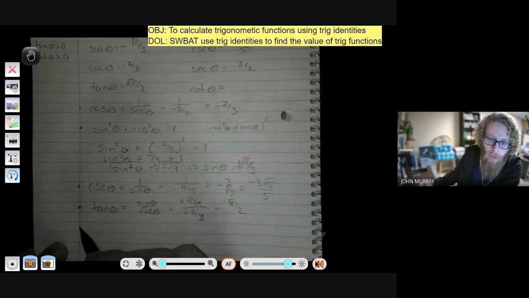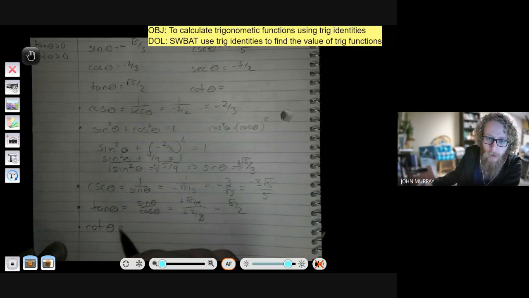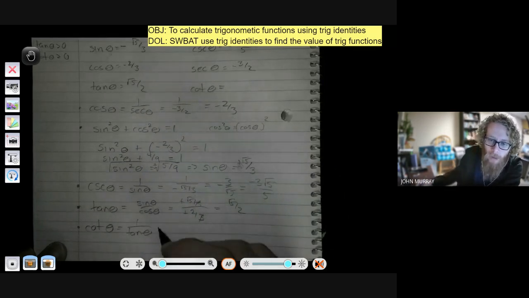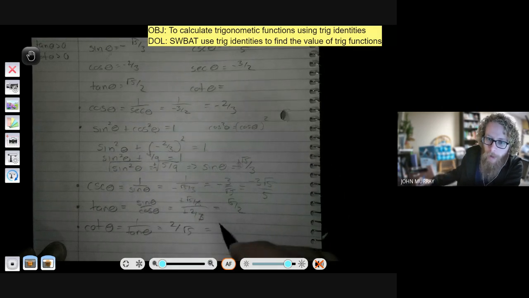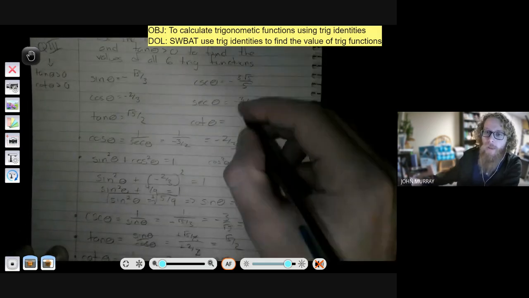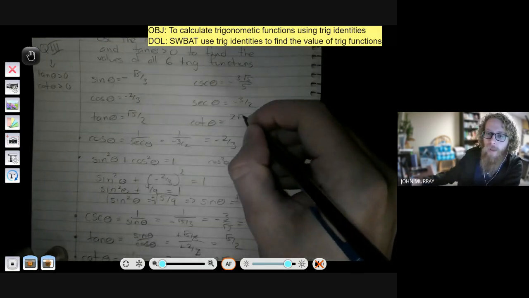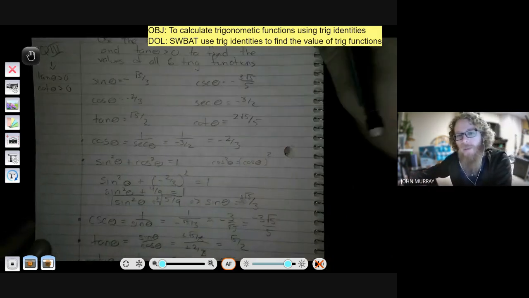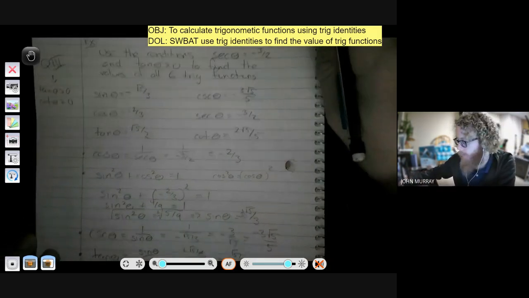And then cotangent, you could either do cosine over sine, or you can do the reciprocal, 1 over tangent, 2 over root 5, which becomes 2 root 5 over 5. And that's also going to be positive because tangent is positive.